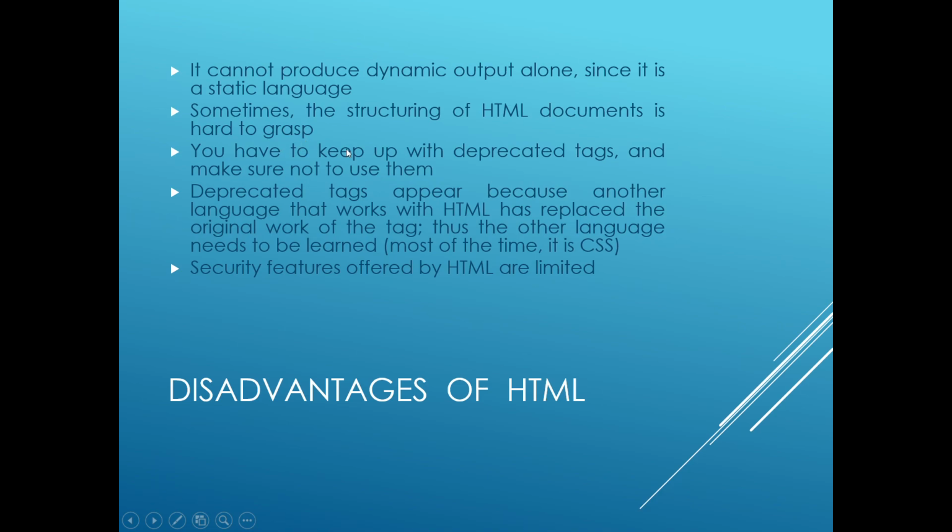You have to keep up with deprecated tags and make sure not to use them. Deprecated tags appear because another language that works with HTML has replaced the original work of the tags. Thus, the other language needs to be learned. Most of the time, it is CSS. The security features provided are limited. It is a disadvantage of HTML. It provides fewer security features.